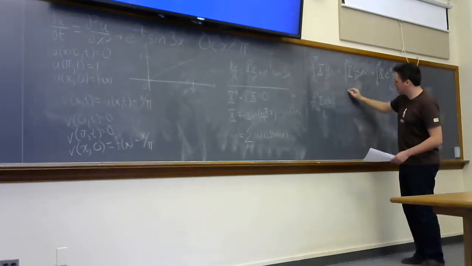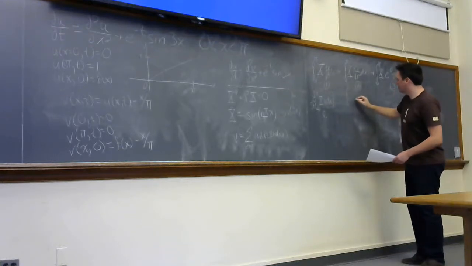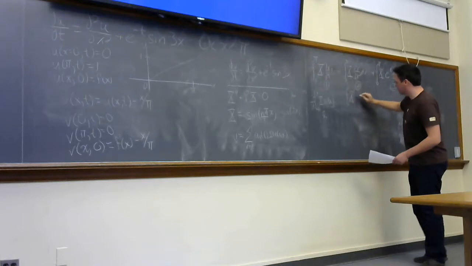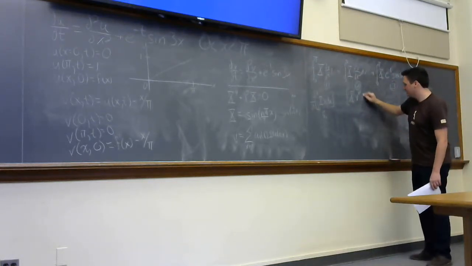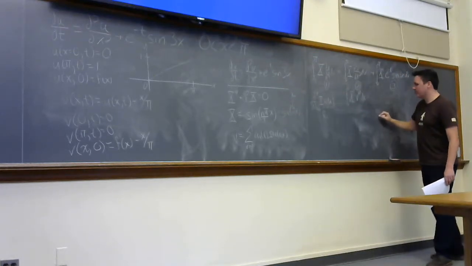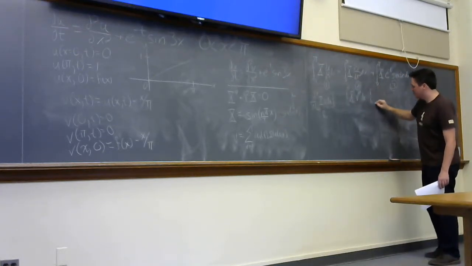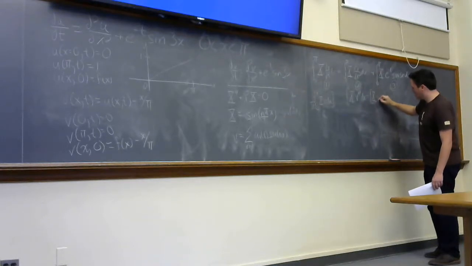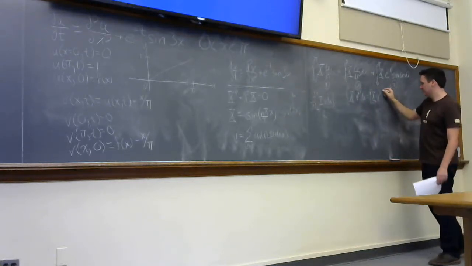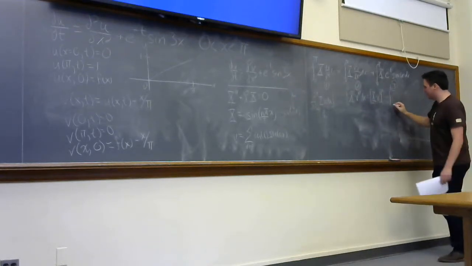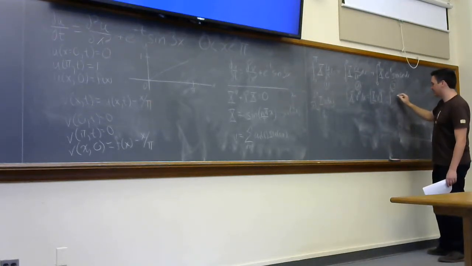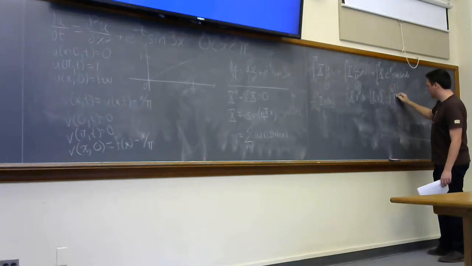So two is, we'll just do this really quick. And actually, I'm just going to write v prime prime, because we know it's a spatial derivative. So that's equal to what? x v prime. If I'm doing this wrong, just yell at me. Minus the integral 0 to pi of x prime v prime dx.